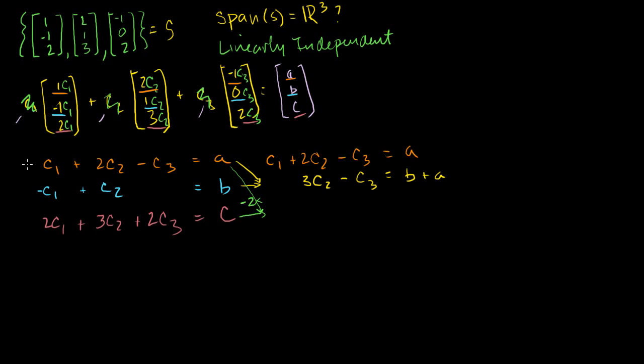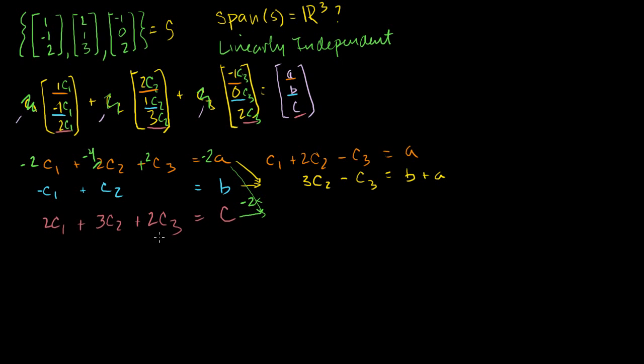So this becomes minus 2c1 minus 4c2 plus 2c3 is equal to minus 2a, right? If you just multiply each of these terms, I want to be very careful. I don't want to make a careless mistake.